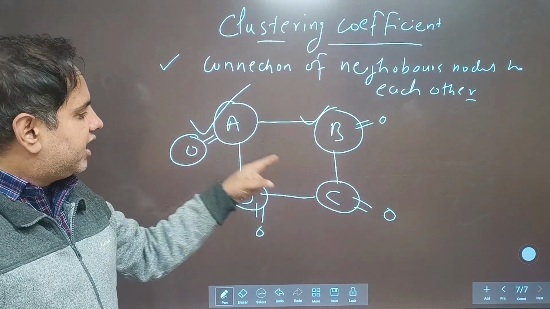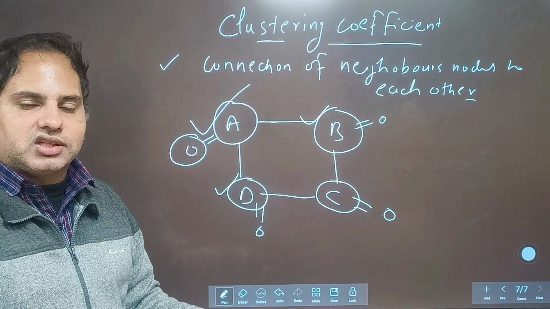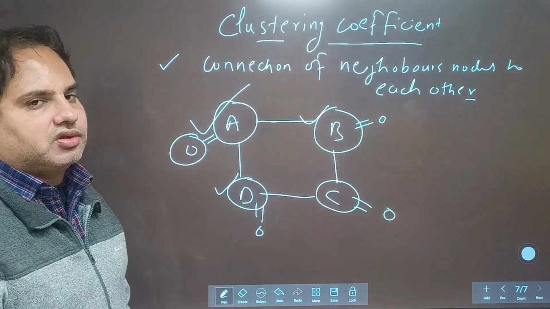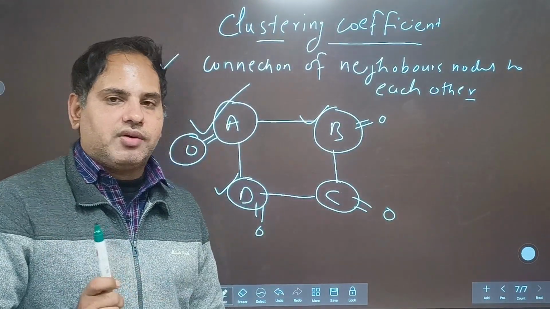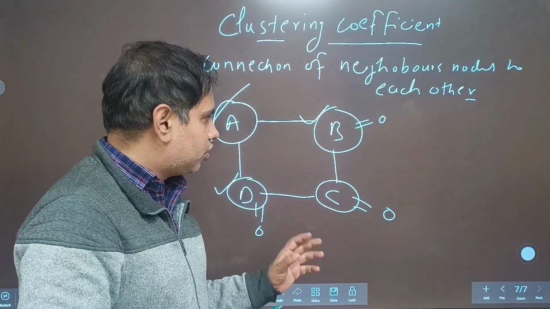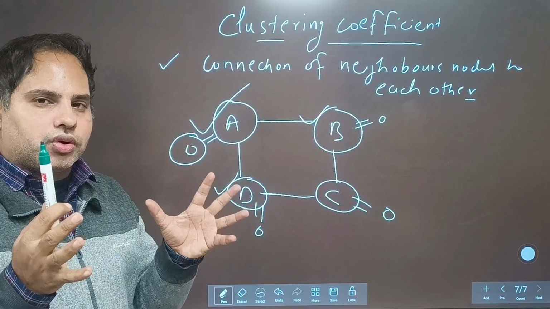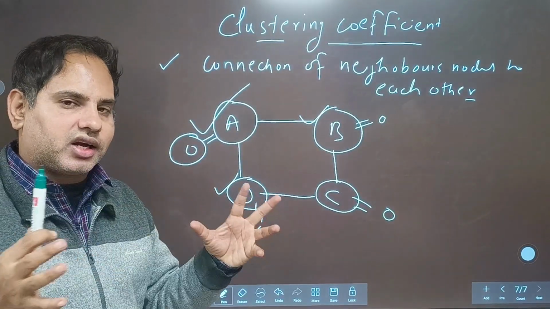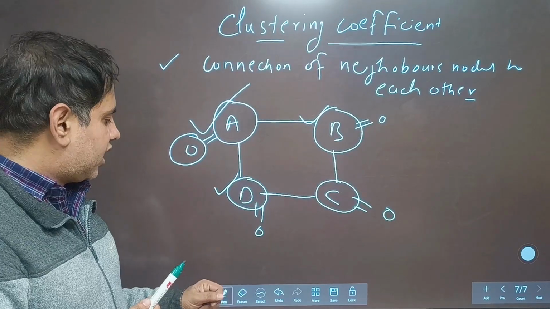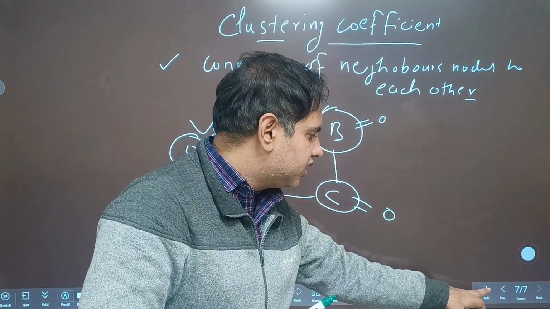D's neighbors are A and C. Are A and C connected with each other? No. So it is 0. That is one of the very important measures in networks, the clustering coefficient, which tells you how your neighbors are connected with each other, and you can derive various information from this.